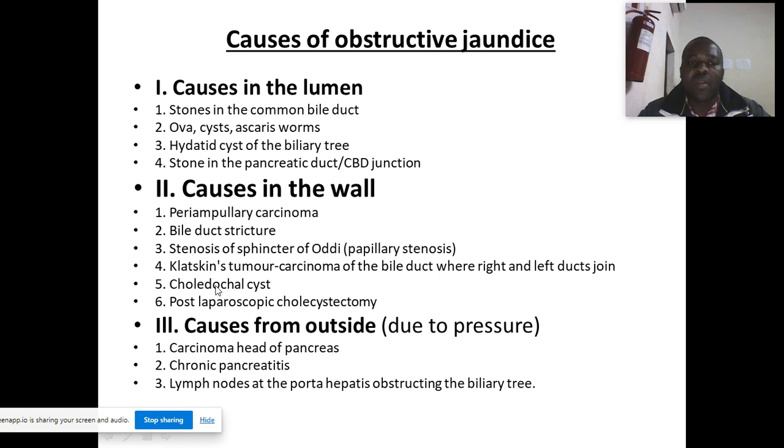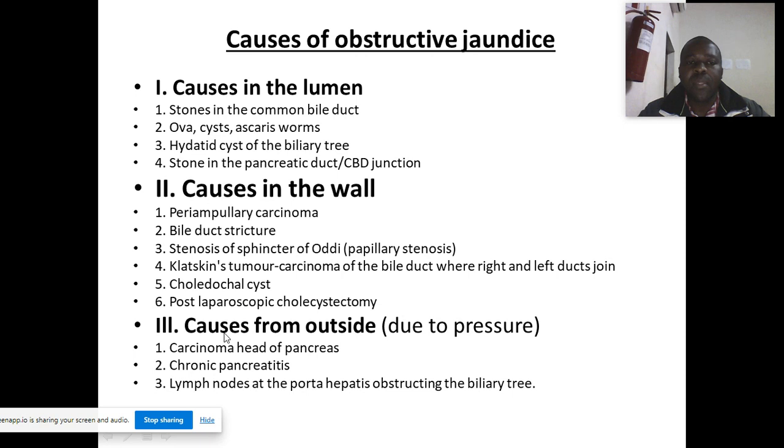There is a choledochal cyst, and also post laparoscopic cholecystectomy.